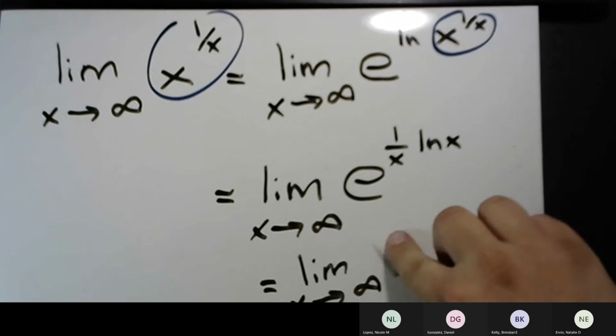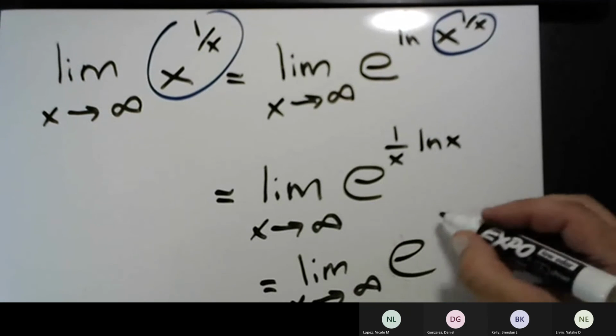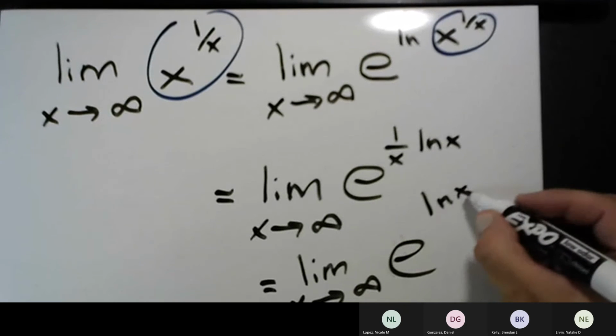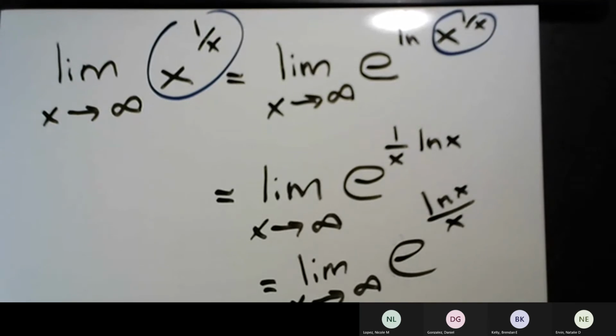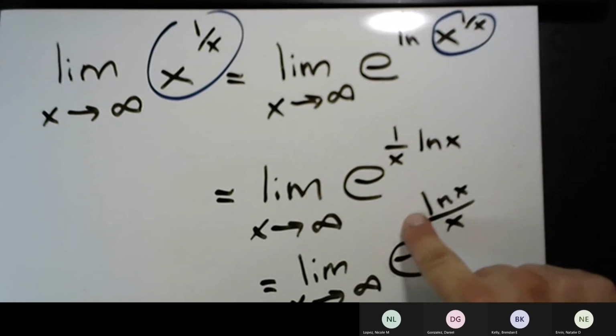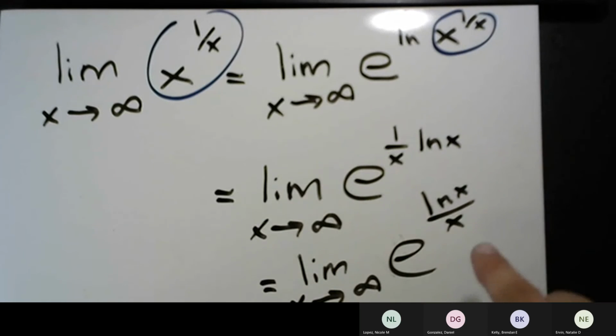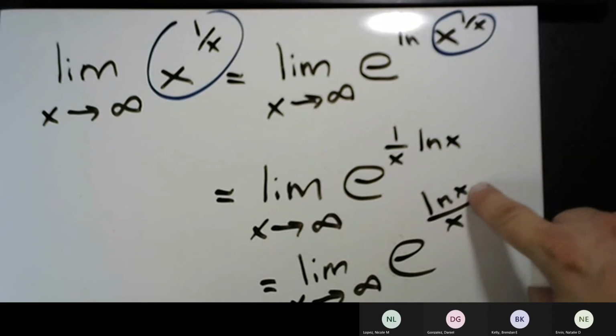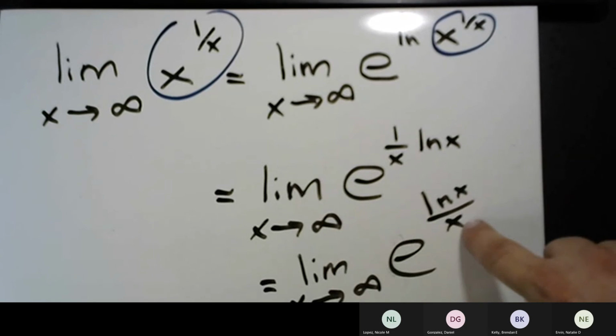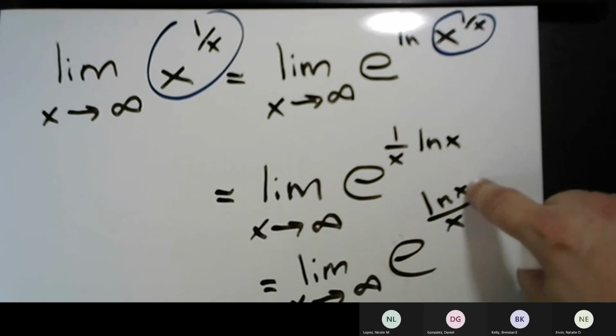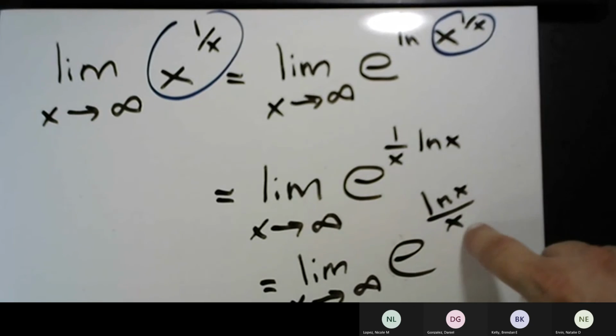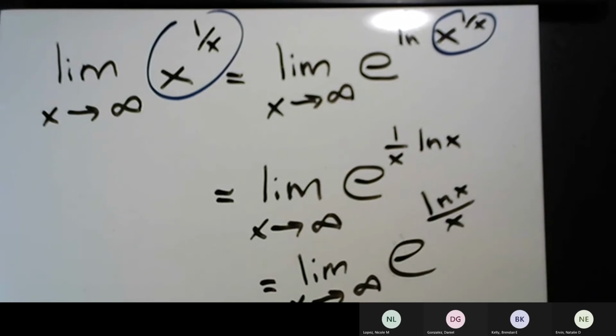And so you can get e to the ln of x over x. And then the limit will hop up here. Limits can attach to exponent functions like this. It's one of the limit rules from chapter 2. And then if you take this limit, this will become infinity. This will become infinity. So you need L'Hopital's rule to turn this to 1 over x, to turn this into 1. And then you can take the limit.